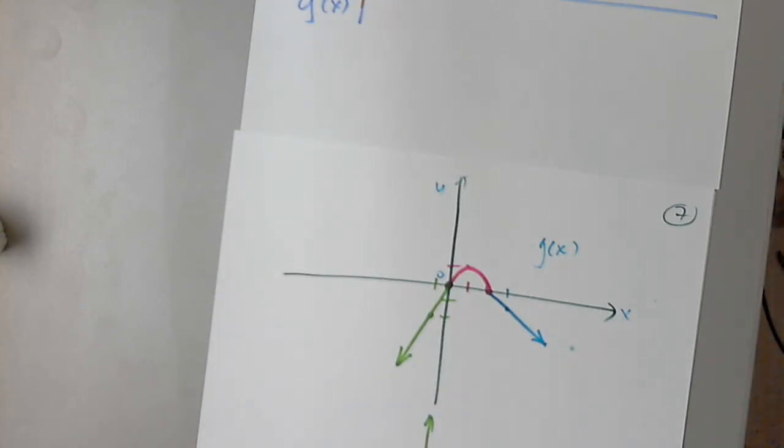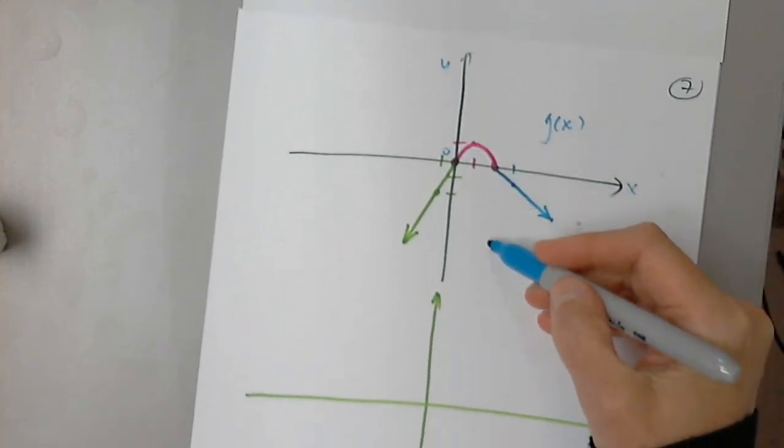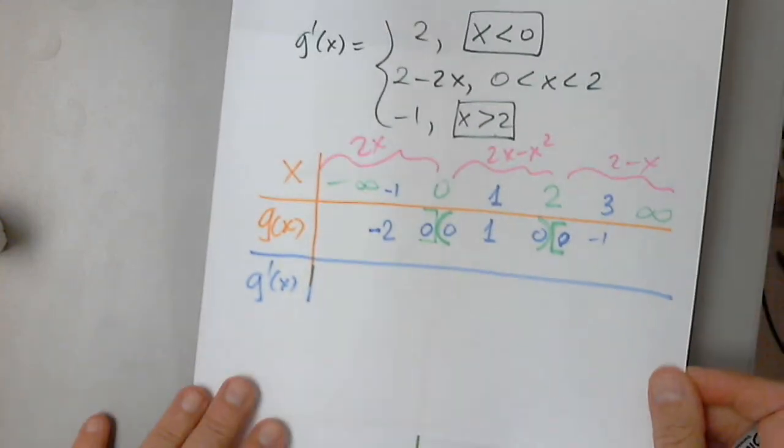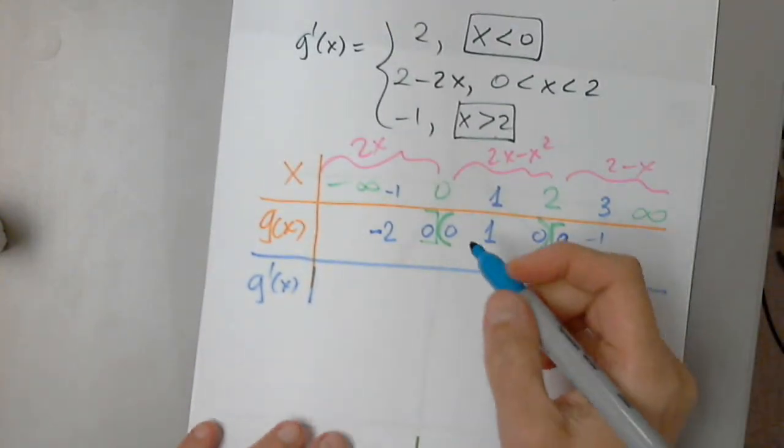Very good. But definitely here, at x equals 2, the function would not be differentiable, which means that the derivative will not be continuous. Perfect. So let's come back to our table and finish this up.